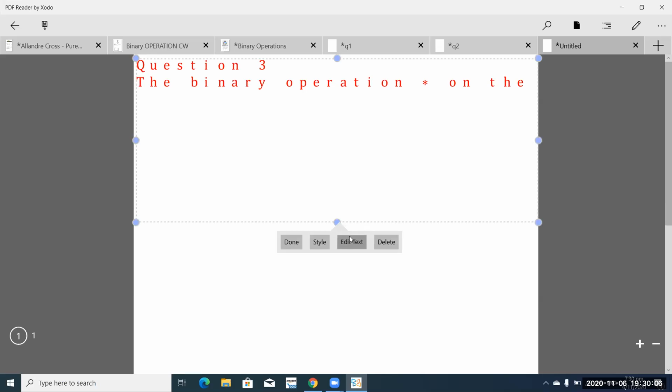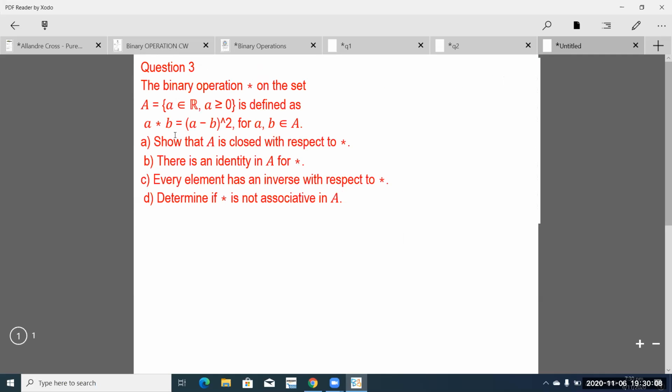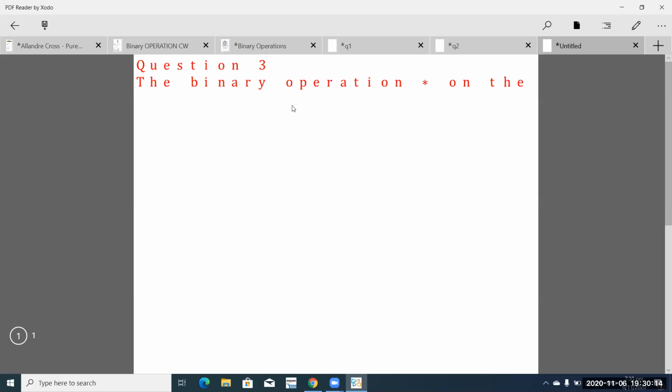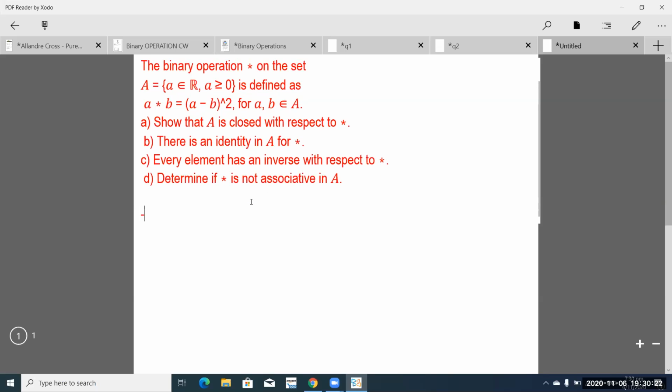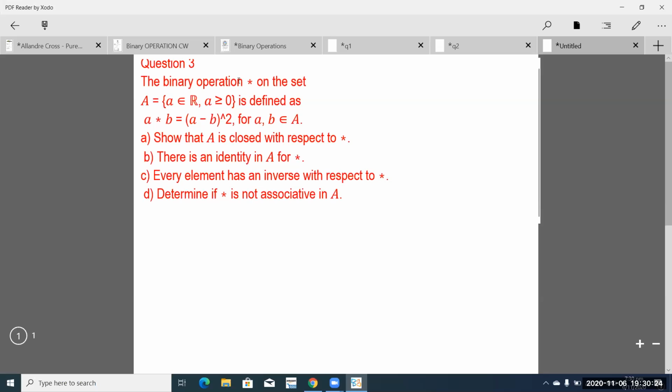So we need to show that when we work out (A minus B) all squared, the result is a real number, as well as being greater than or equal to 0.